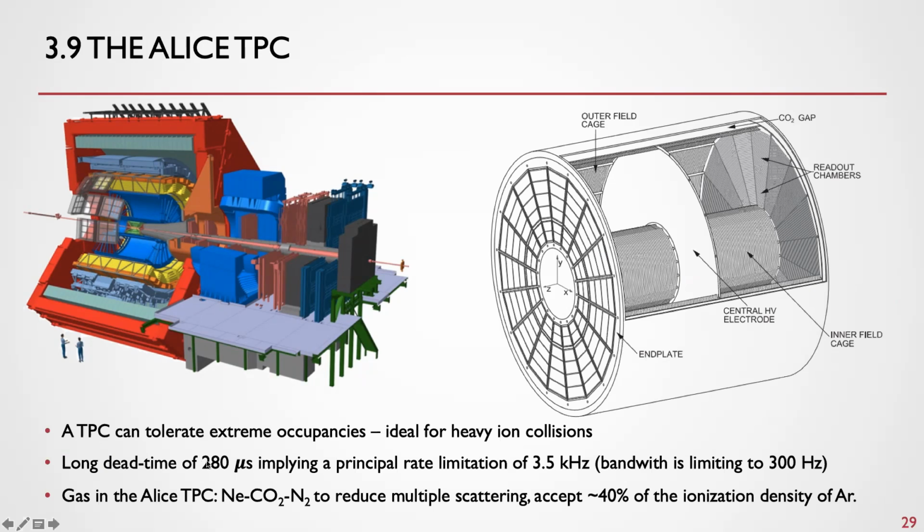The detector would be constantly lit up. It can be operated with 3.5 kilohertz. The inverse of that frequency gives you the maximum time between two collisions that can happen in the detector. However, the information that is read out is so enormous that the bandwidth of this detector is limiting to 300 hertz. The gas that's used in the LH-TPC is a neon CO2 mixture.